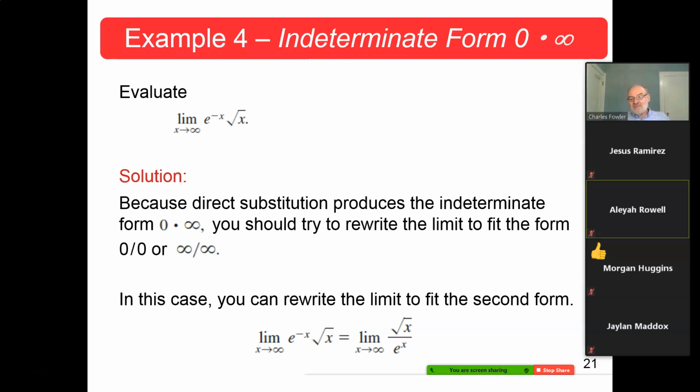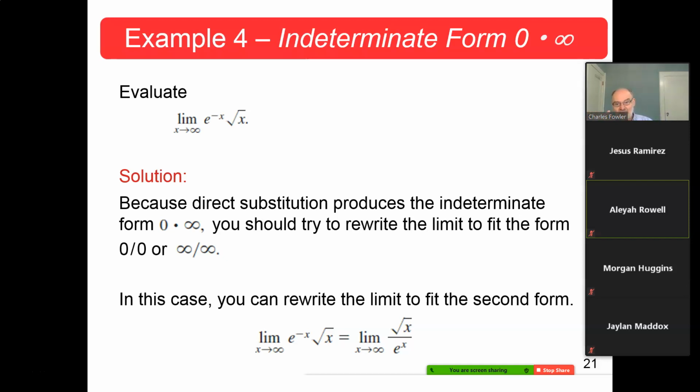E to the minus x in the numerator, and you put in square root of x in the denominator, which would be effectively x to the minus 1/2. Okay? Minus 1/2 because we moved it downstairs. Okay? Now, what's the limit of that as x is going to infinity?